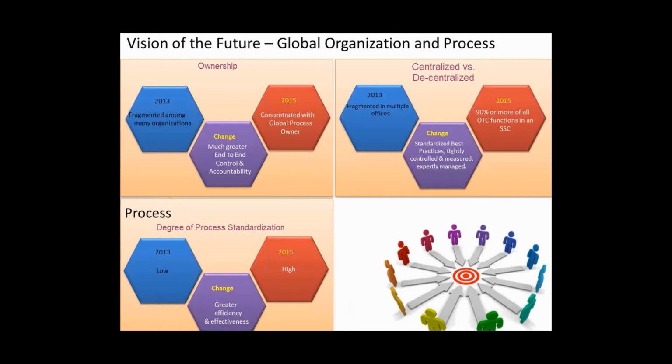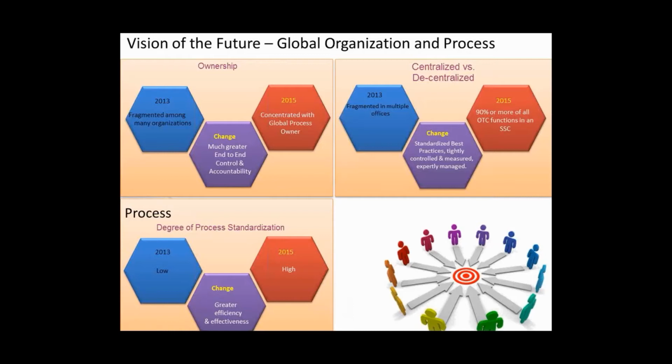They're responsible for ensuring that best practices are used, as standardized as possible. There's always local market exceptions, but standardization, best practices, best technology, global dashboards, finger on the pulse, all those types of things. And what it gets you is, as it says in that purple box there, much greater end-to-end accountability and control.